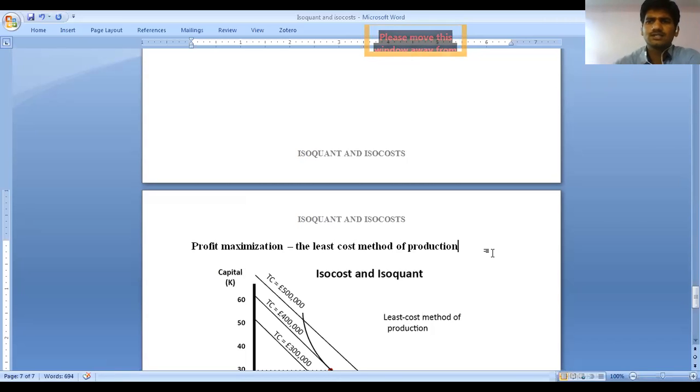That is the aim or motto of every organization. For that, every organization keeps an aim on that, and they do the production. They invest on capital, they invest on machineries, or they invest on labors. Everything is like that. So this is the simple idea of ISO quantums and ISO cost.